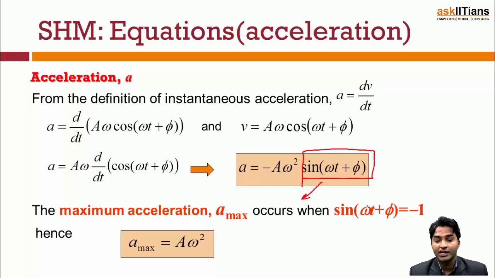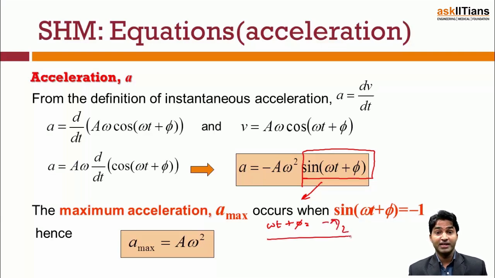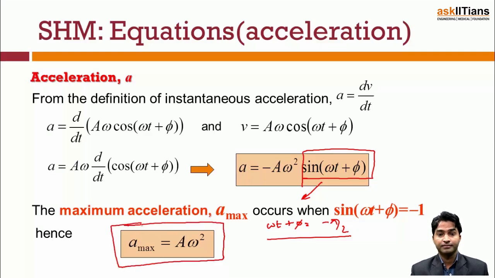So we have to calculate the condition for this sin(omega t plus phi), or we can say omega t plus phi is equal to minus pi by 2 or 3 pi by 2. So at the extreme position, acceleration would be maximum, and at the mean position, where displacement is 0, it would have 0 acceleration. So we got acceleration a is equal to minus omega square A, where A is the maximum displacement.